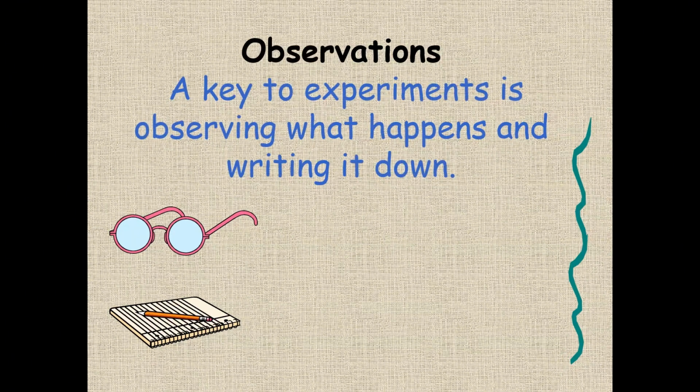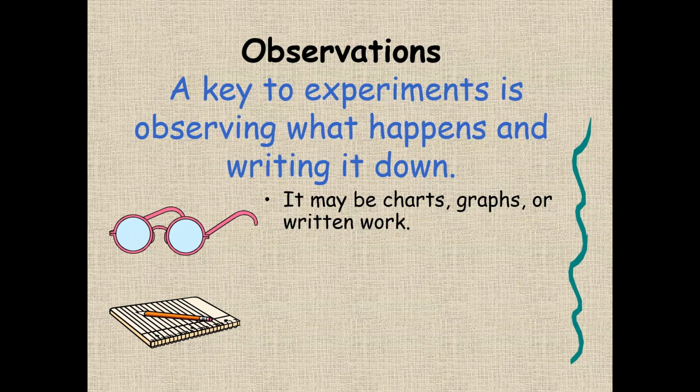When we conduct a lab, we have to observe, and also we write down the notes, the data. Our data contains charts, graphs, and written work. This is what happened. That's also called a lab report.